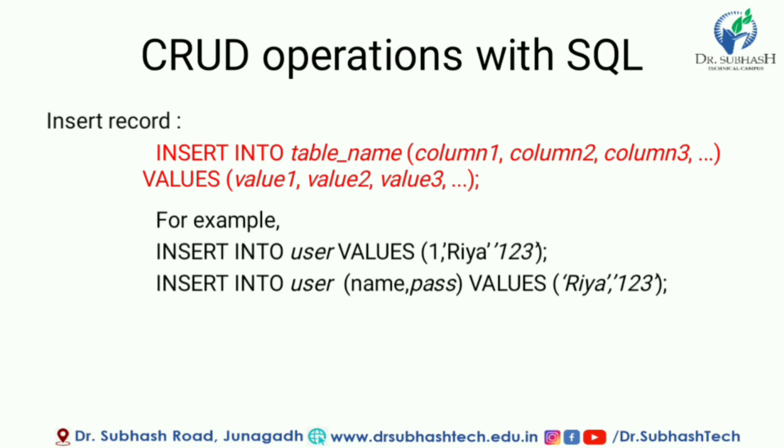Here you are specifying 2 columns, so you are inserting 2 values into the table. So this is the query for inserting a record into the table. You can insert the record in 2 ways.